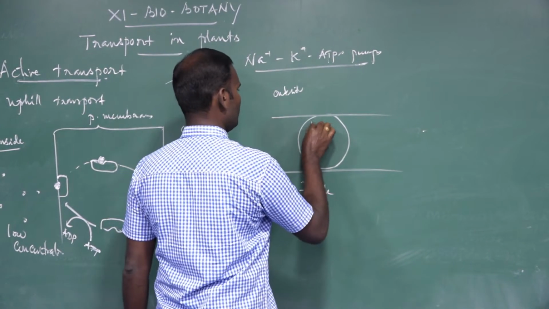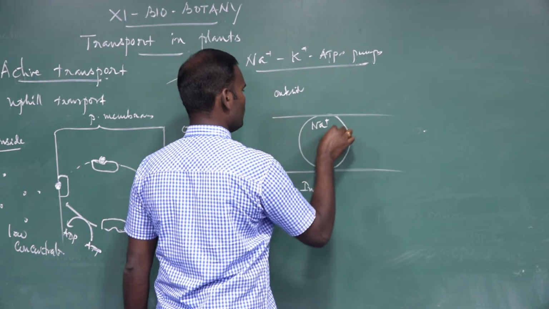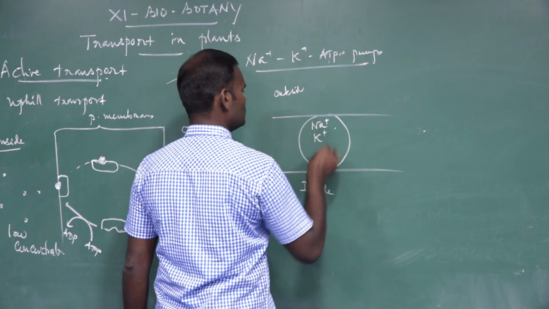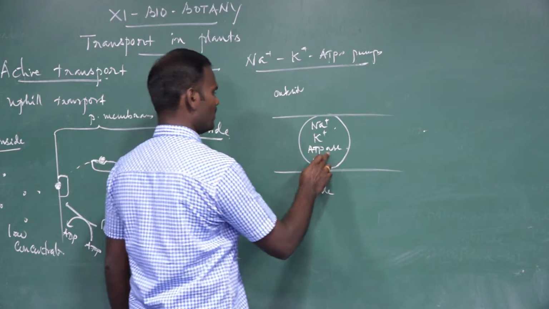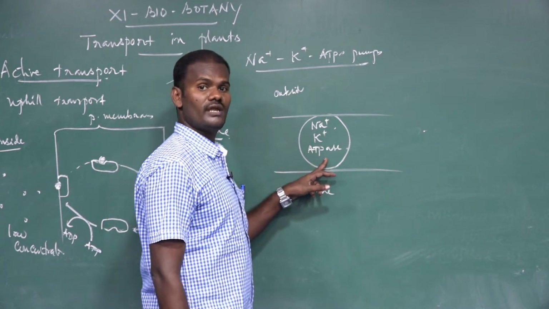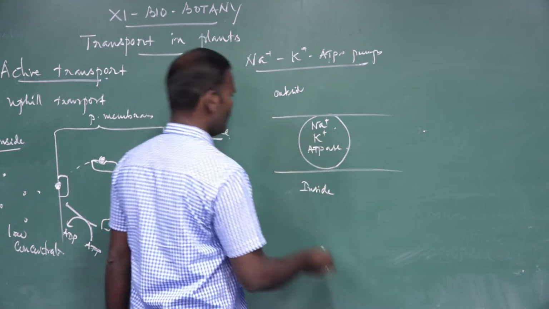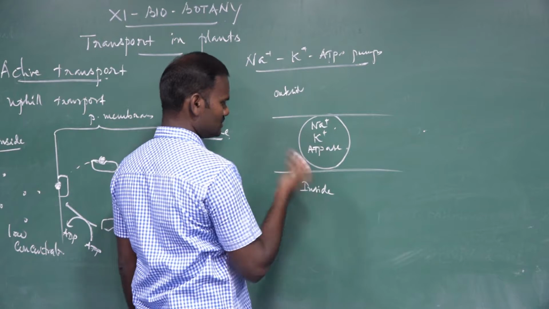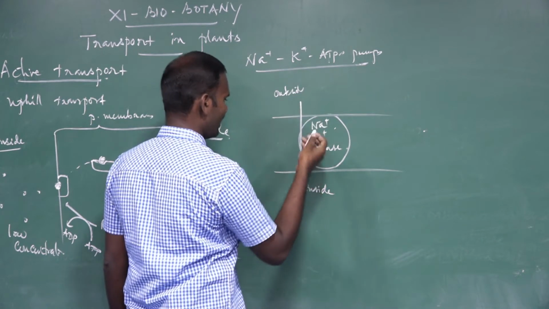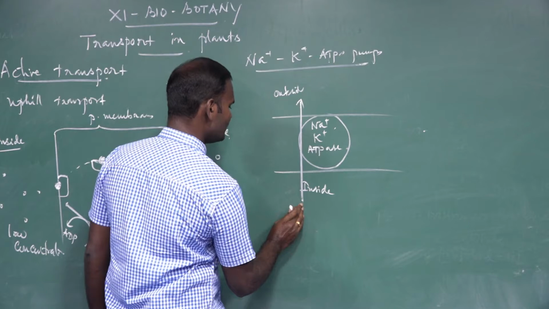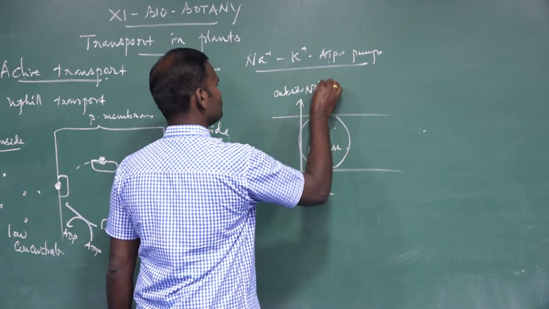The membrane protein, the sodium ion potassium ion ATPase pump, is also called a transport protein, located in the membrane. With the help of this transport protein, sodium ions are transported from inside the cell to outside the cell.